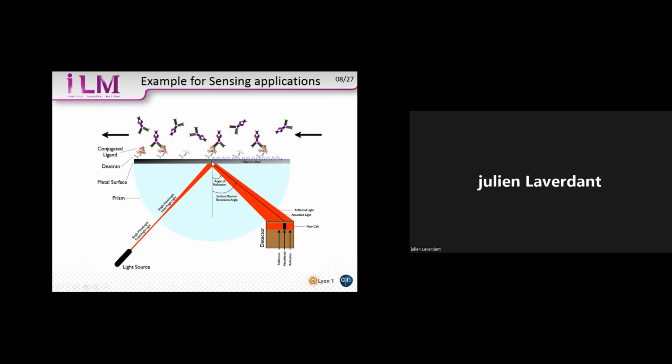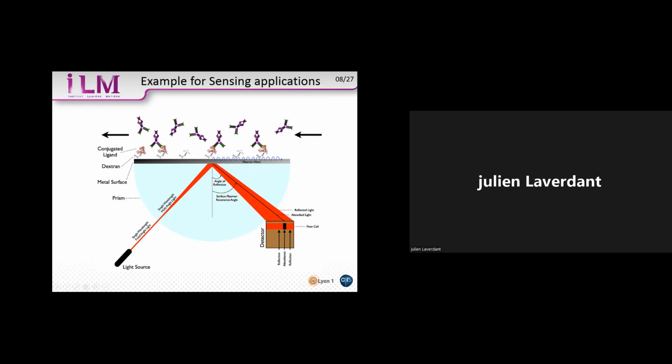You make it a little broad in order to excite a few angles. One of these angles, in black here, is absorbed. So in detection, you see the black spot. The rest of the light is reflected. There is no plasmon there. So the position of this black spot is due to the angle of the surface plasmon. You see black because it's absorbing.